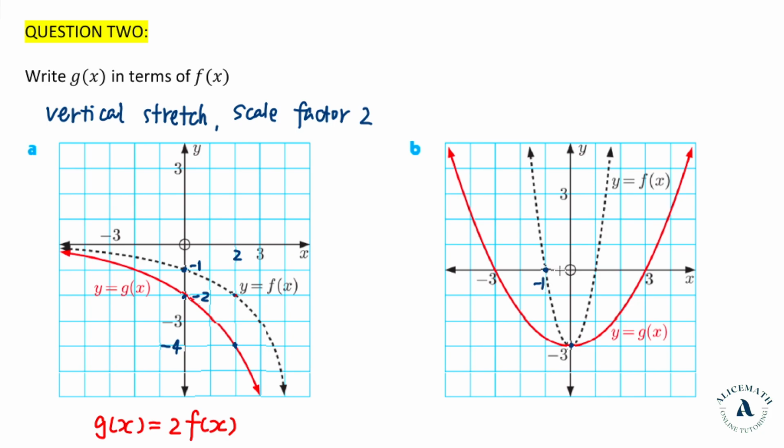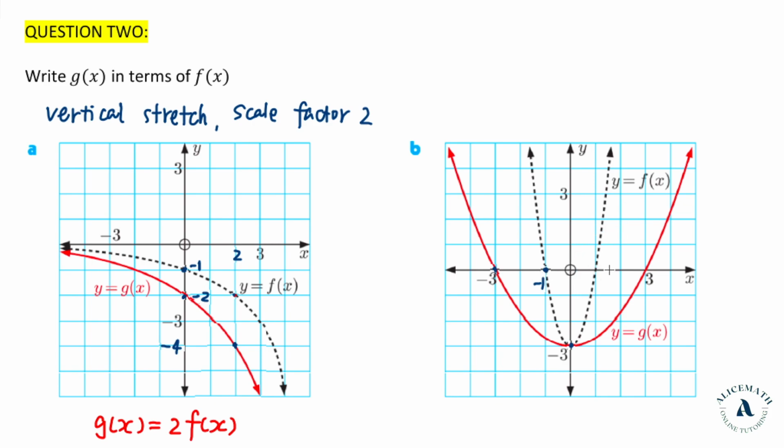But on the same horizontal line, the red one has a point with x-coordinate -3, which means it has 3 units distance from the y-axis. Previous one 1 unit, now 3 units, which means it's 3 times the previous one.